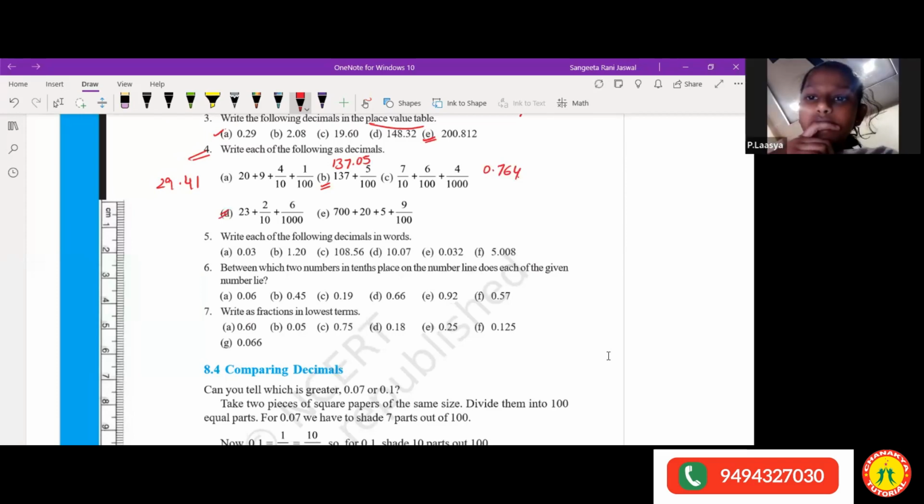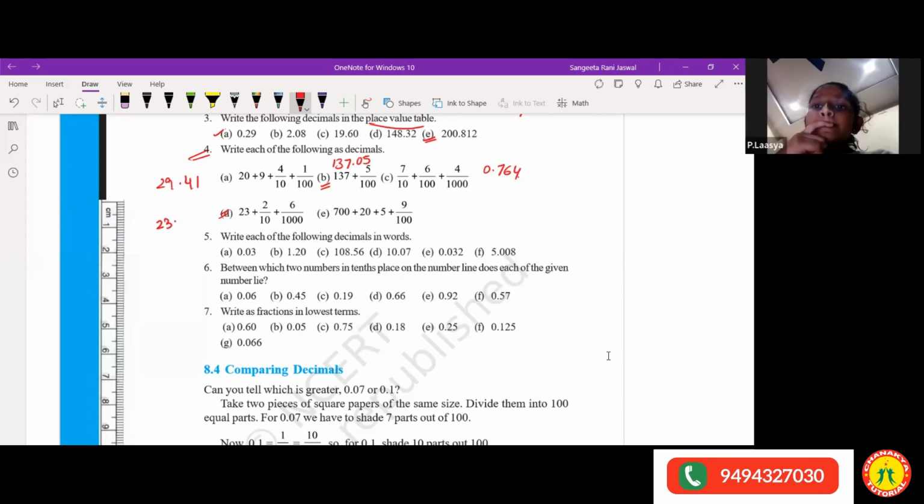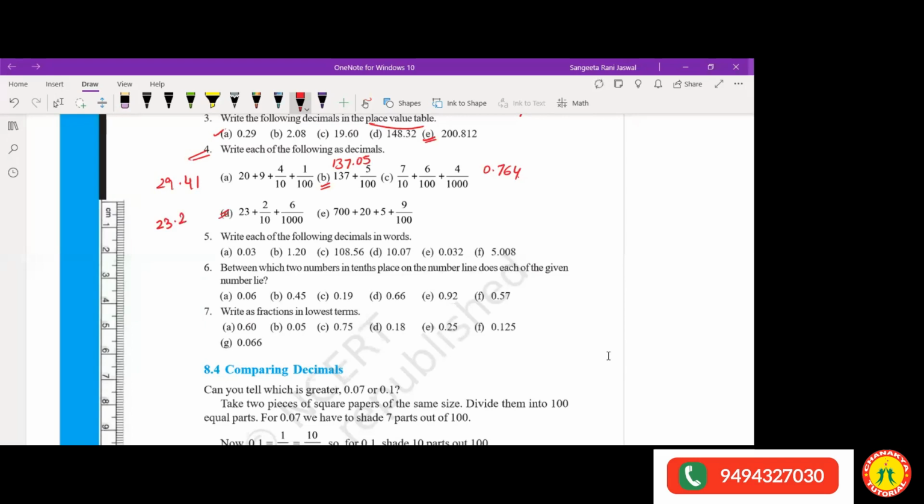Last one, you tell me this D part. Ma'am, this is 23 point 2 and 6. 6 is thousandths place, beta.